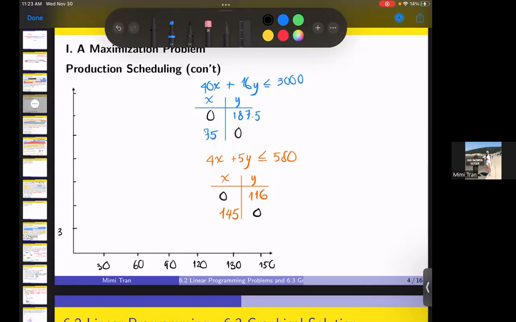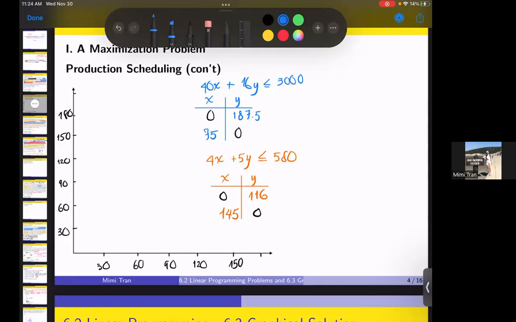Not better. 30, 60, 90, 120, 150. Oh, because of that, I know it should be 150 here. No wonder I thought 150 and then it's okay, 180. All right, 187.